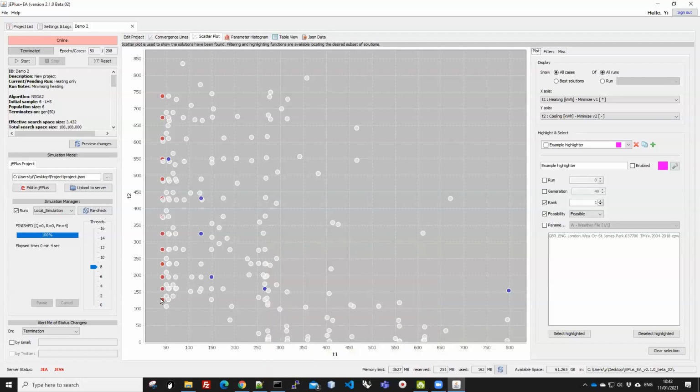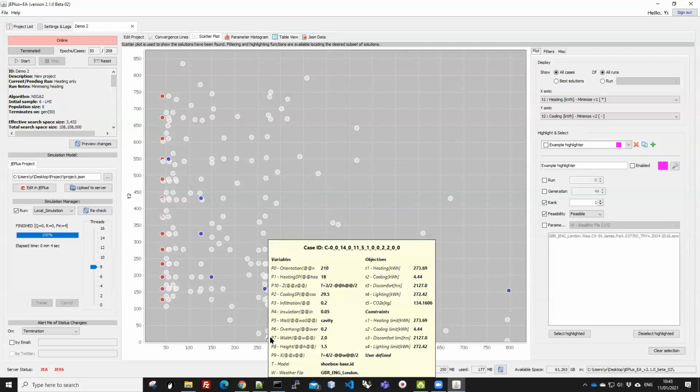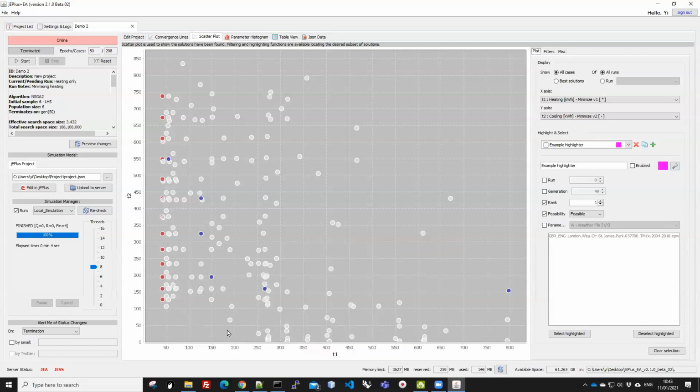But still, until you have made the decision of how to combine heating and cooling, it will be interesting to see how the solutions vary between heating and cooling, right? So different solutions, there's one here, there's one there, but are there some in between?